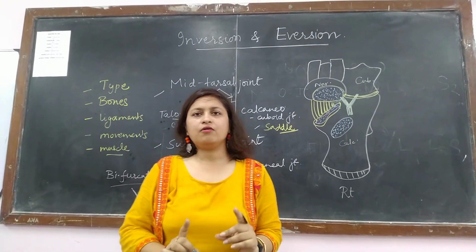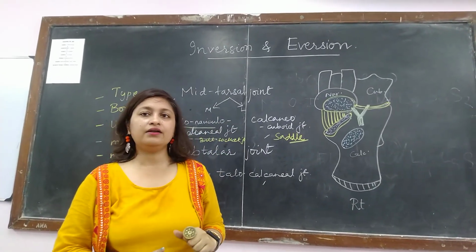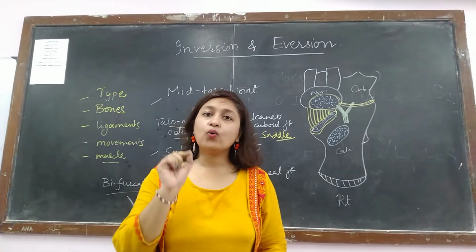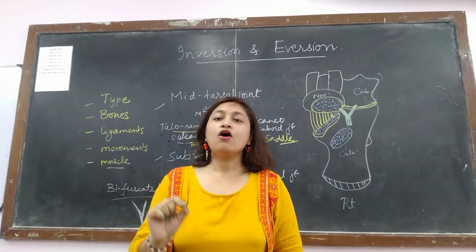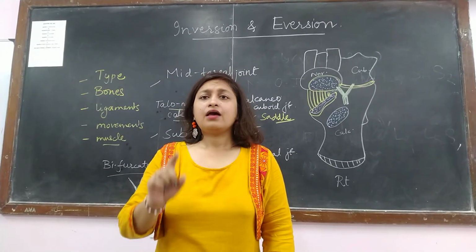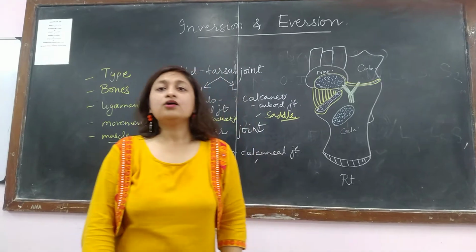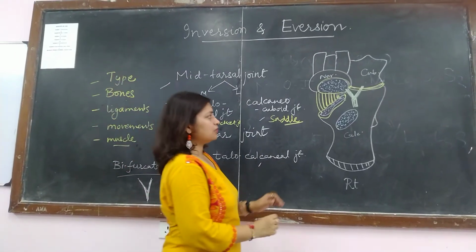Now, we have to remember that pure inversion and eversion movement takes place only when the foot is off the ground. Right? When the foot is off the ground, there are two components of this movement.